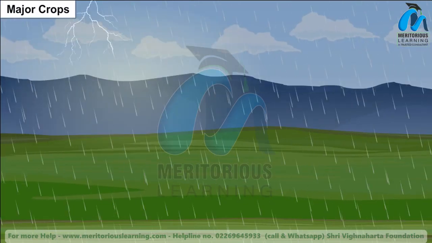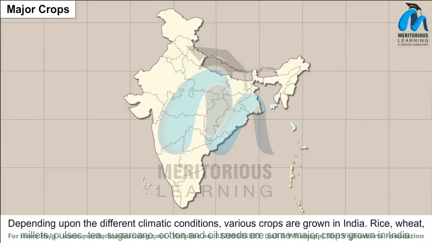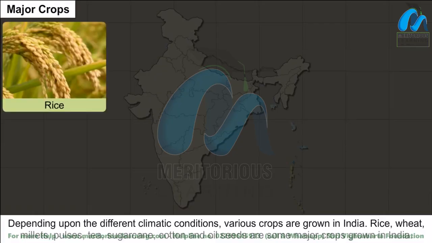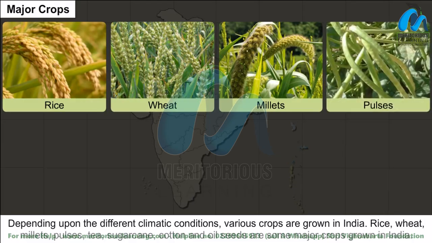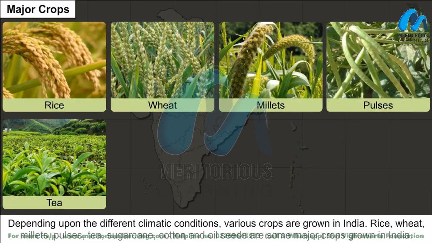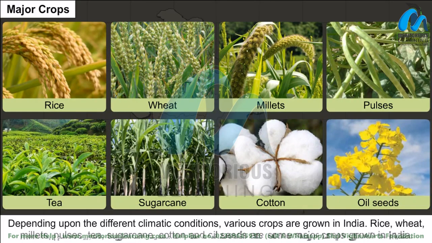Major crops. Depending upon the different climatic conditions, various crops are grown in India. Rice, wheat, millets, pulses, tea, sugarcane, cotton and oilseeds are some major crops grown in India.